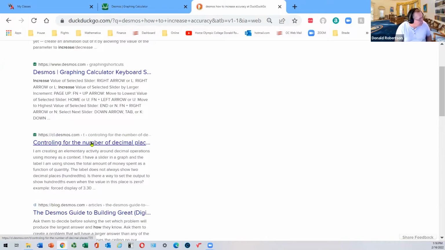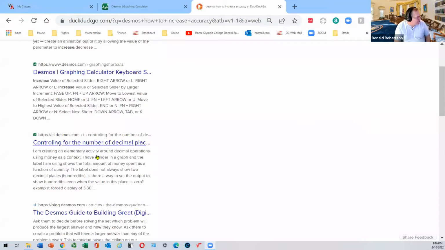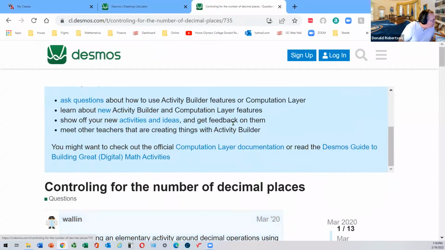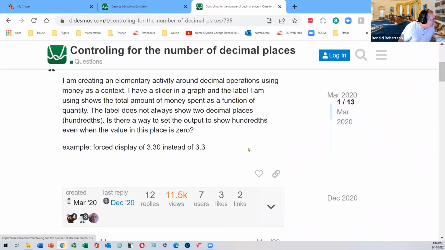There we are: controlling for the number of decimal places. Can you see that heading? No? I'm just in a different screen here. Let me see if you can see it. Yeah, can you see it now? So here we go. Somebody had a little problem. I'm trying to do this. Is there a way to do it?